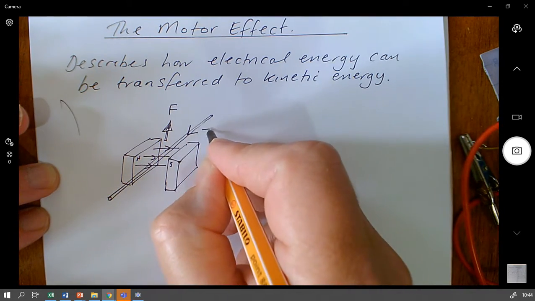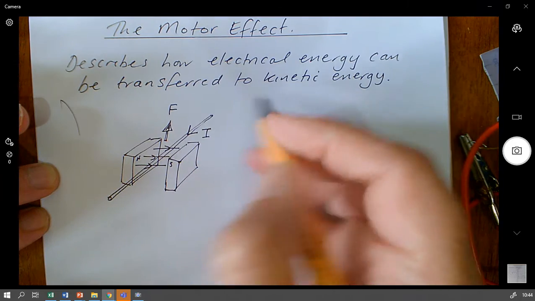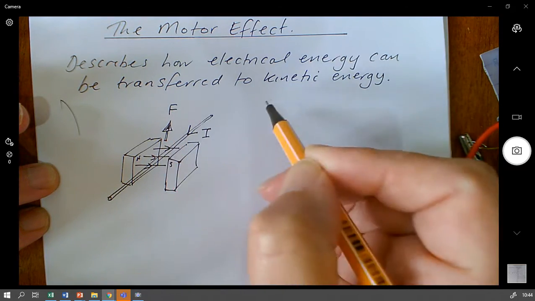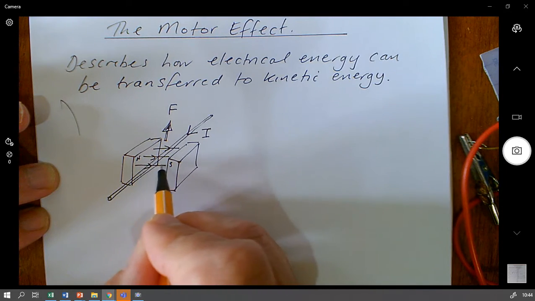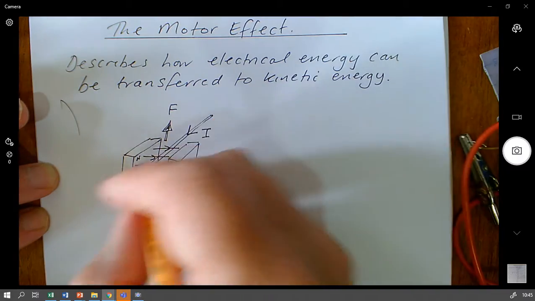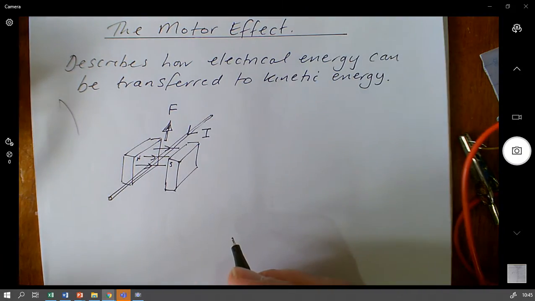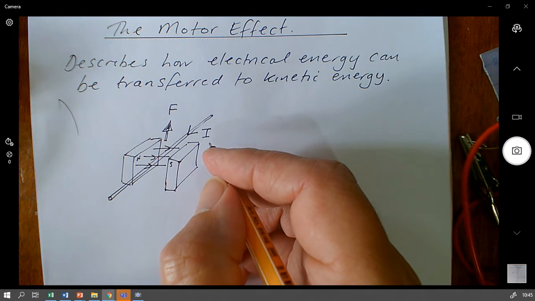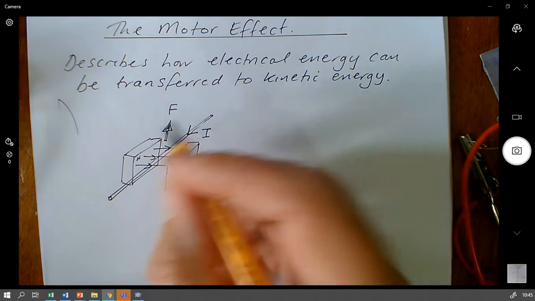So we've got a current, a force on the conductor, and a magnetic field. All of these are factors that affect the movement.